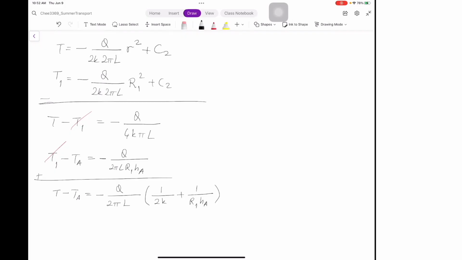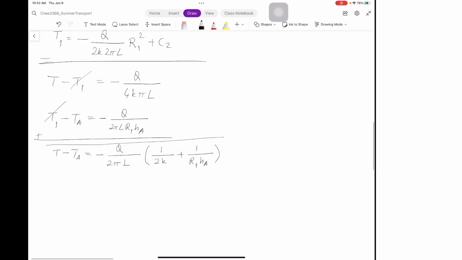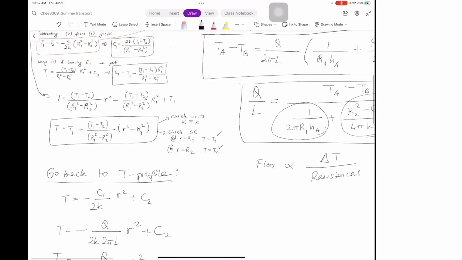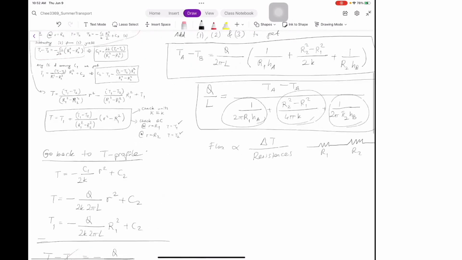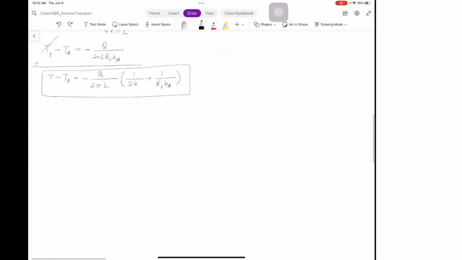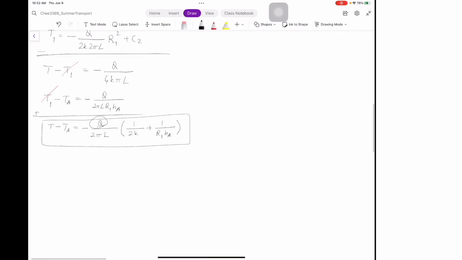Correct? There you go. So you have the temperature profile. Since you already know the Q, that's no problem. So you can actually calculate the Q in terms of TA and TB. That means you actually know the Q from the given variables. So that's your temperature profile.